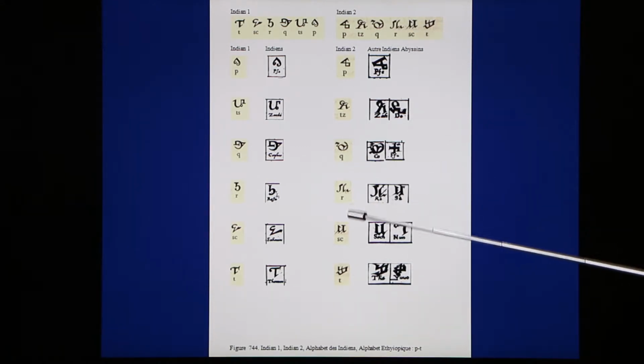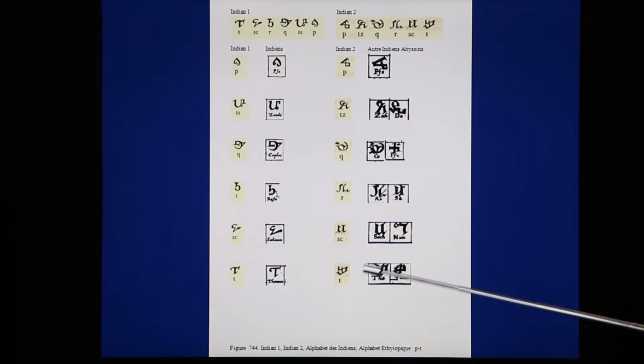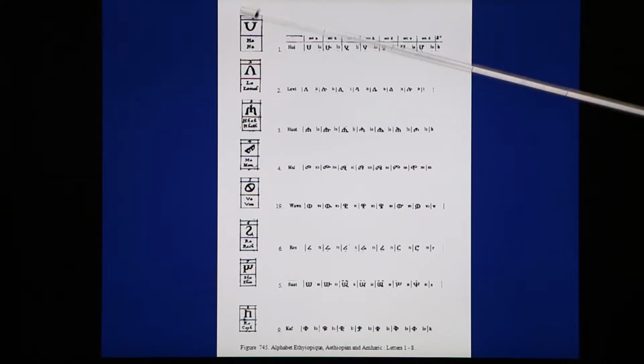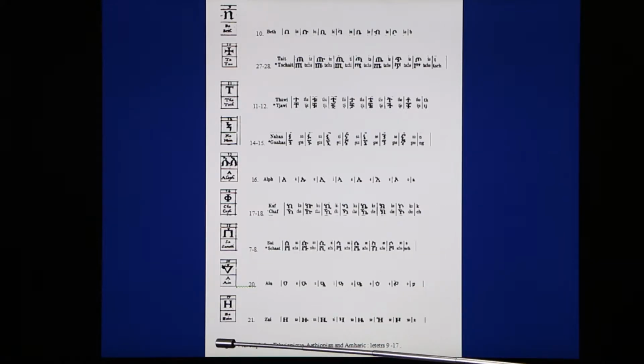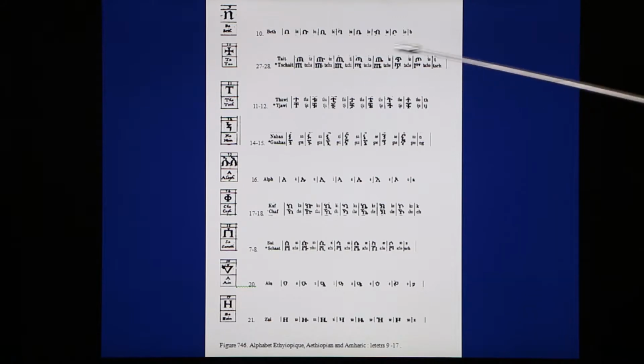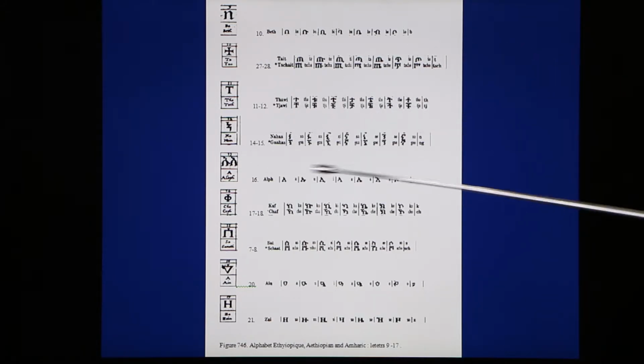And instead of QRST, it's QRSC. But it's still the Karashat. Now I go back to the Ethiopian, the alphabet Ethiopic, and then link that with Ethiopian and Amharic, and show you the parallels in each case.